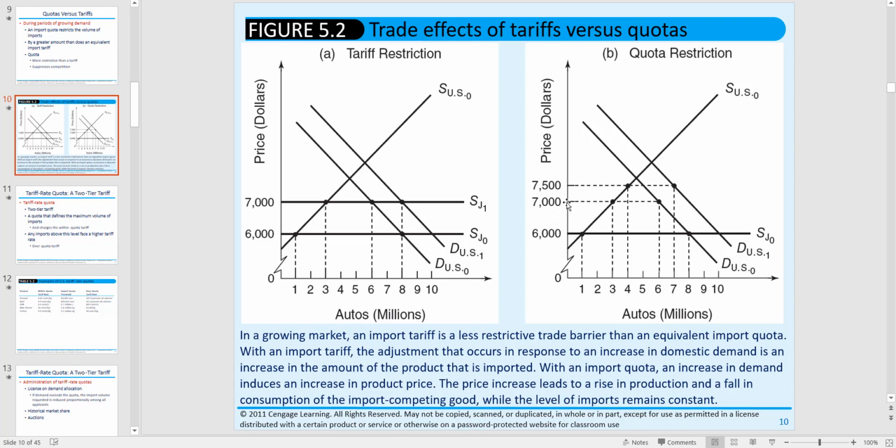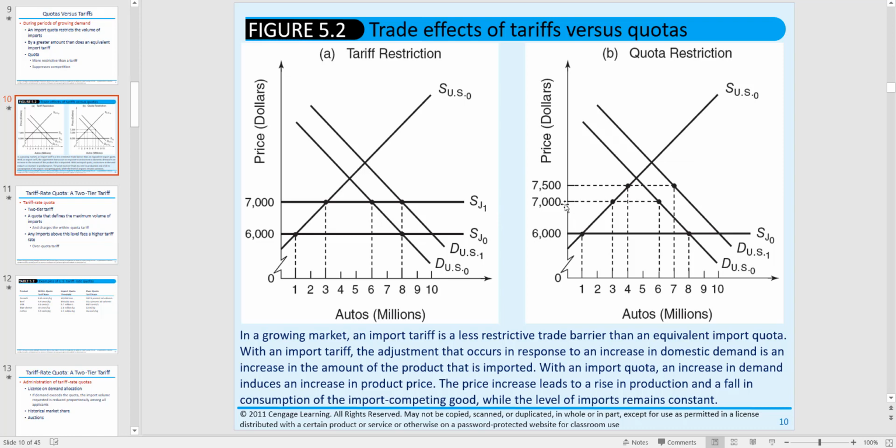And then there is the quota, that imposing the quota raises the price to 7,000. Okay? But if there is an increase in demand, what happens is that still only 3 units can be imported. So that extra demand has to be satisfied with the extra domestic supply, whereas in this case there was no need for that. And the price will continue to go up.